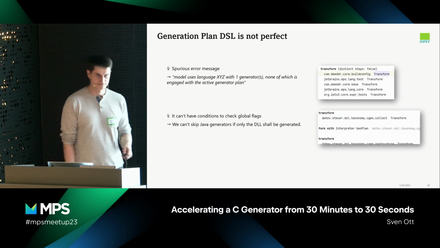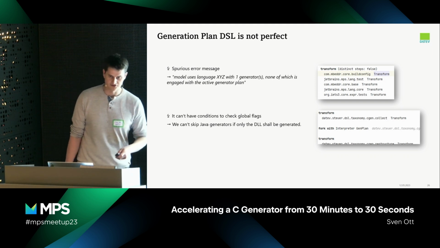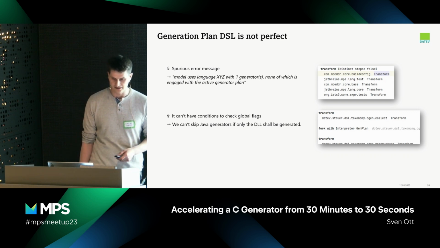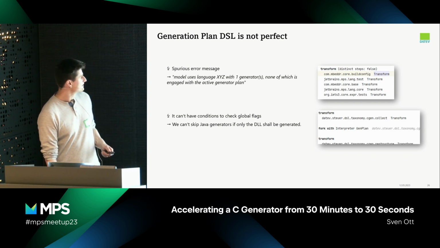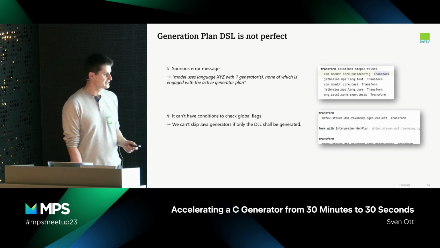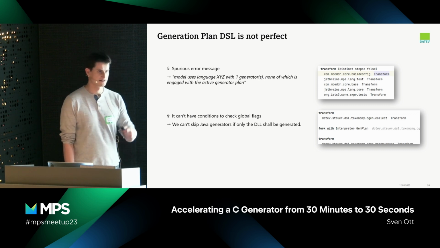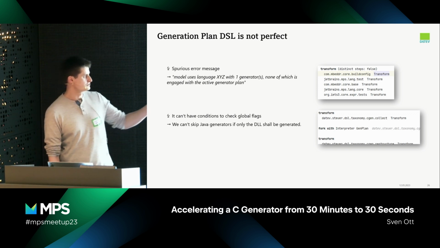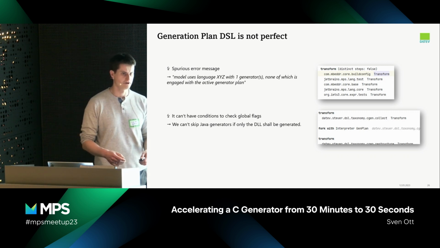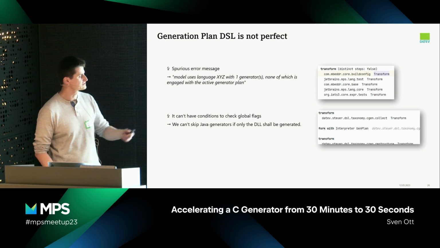However, the generation plan DSL is not perfect. So there are various issues. And the 2 major issues we have: one is a spurious error message called model uses language blah blah blah. So it means that we use a DSL that has a generator, but we don't use this generator in our generation plan because our own generator already transforms those nodes and takes care of those nodes.